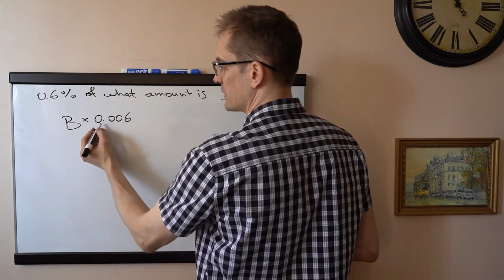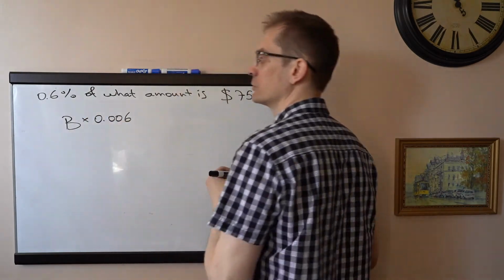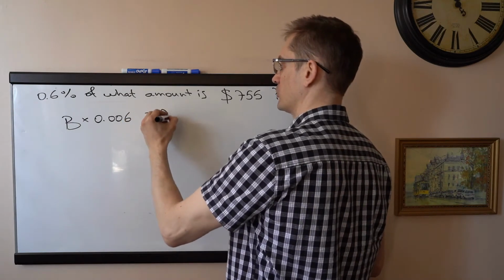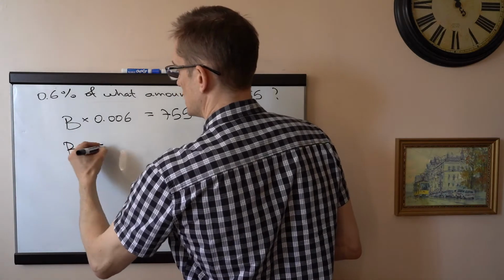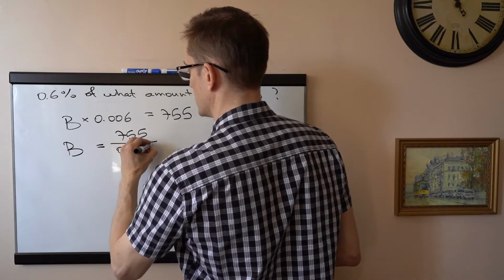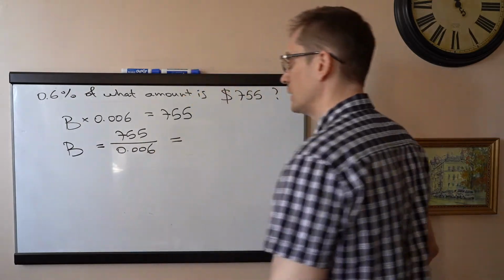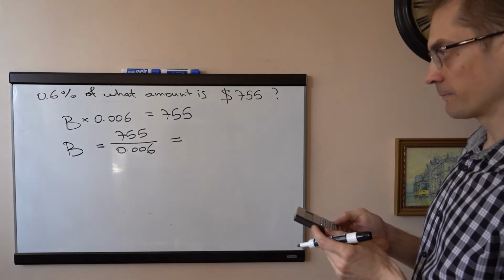And what is this? 0.006 is the rate per one corresponding to 0.6%, and we have 755. So B is 755 divided by 0.006.